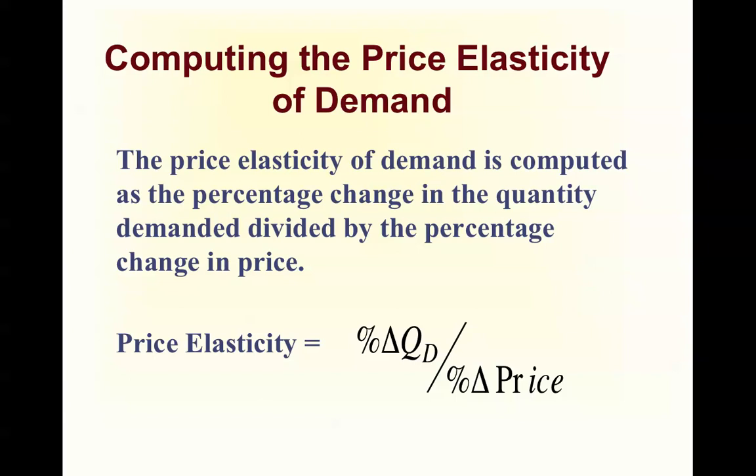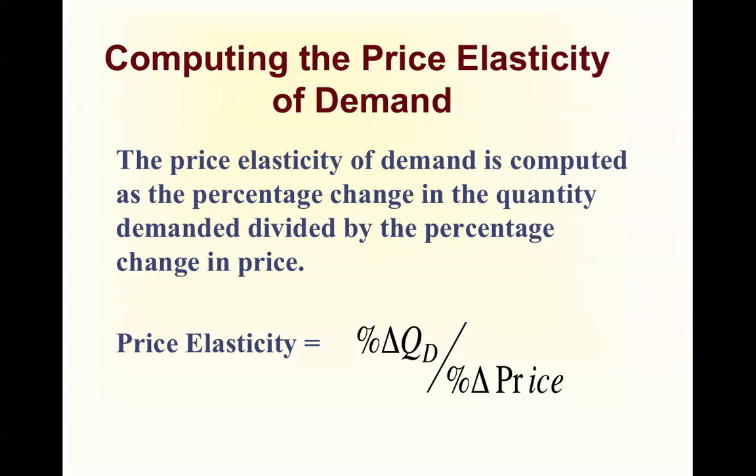Now, when we look at change in these principles courses, we're going to mean the difference. So the change between a price of 1 and a price of 2 is going to be the difference. 2 minus 1 is going to be 1. That's going to be the change. And we can see here the percent change in quantity and the percent change in price.